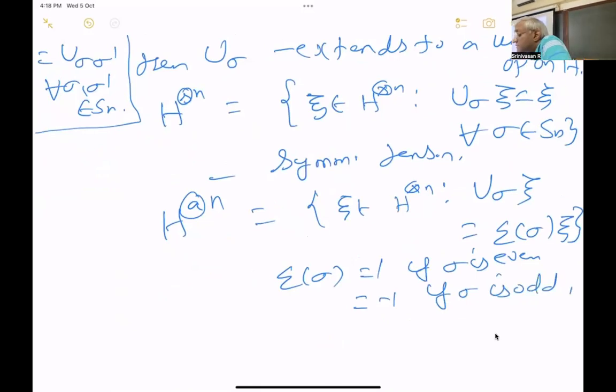So if it is preserved up to the sign of the permutation, then that is what is called the antisymmetric tensor.